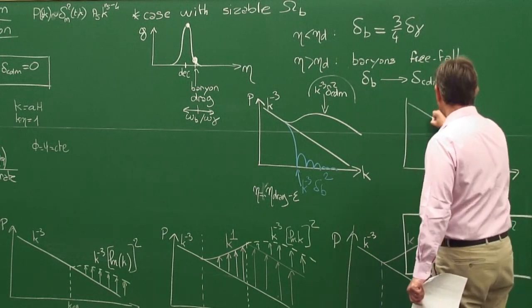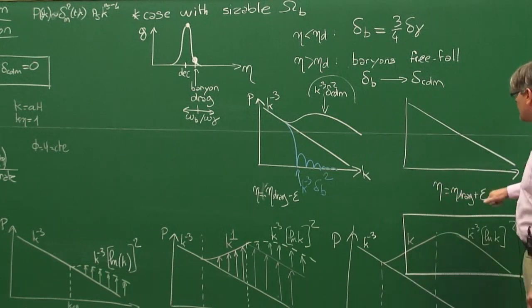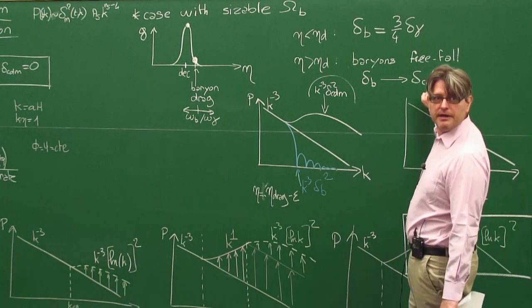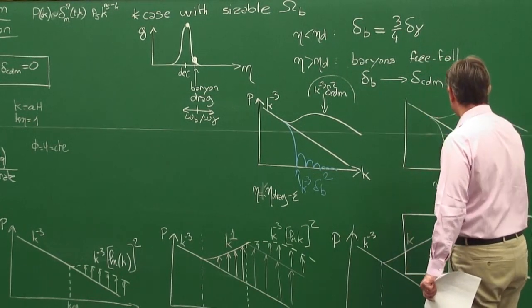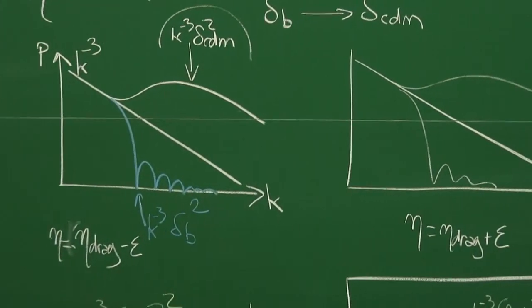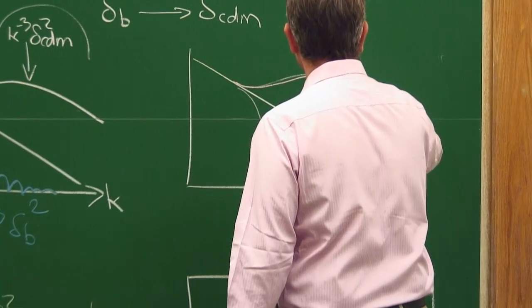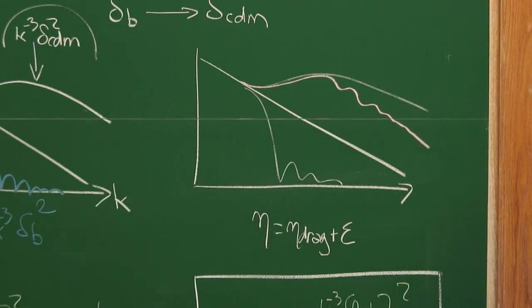You can simply get the result by doing a matching between the two, because you know that they are going to reach the same solution very quickly. So what you get is simply a weighted average between these two contributions. And qualitatively, it will look like the CDM part a bit reduced and with oscillations. Okay.